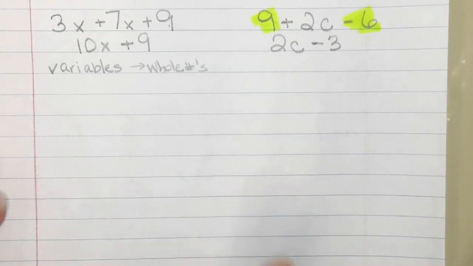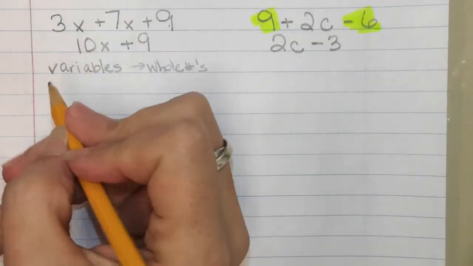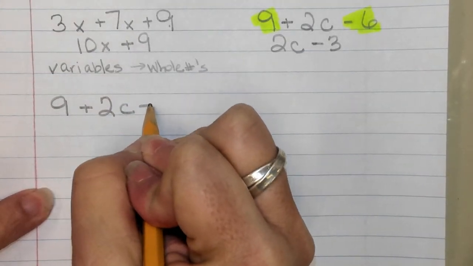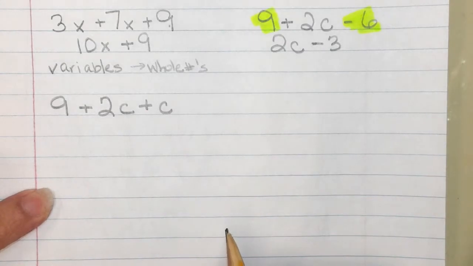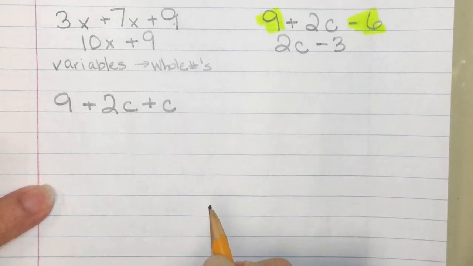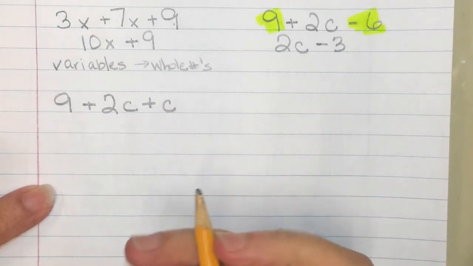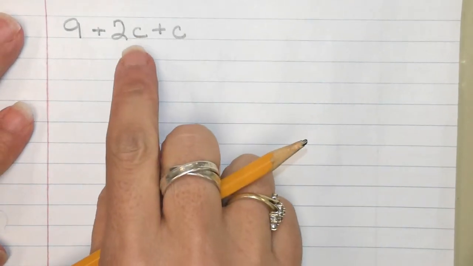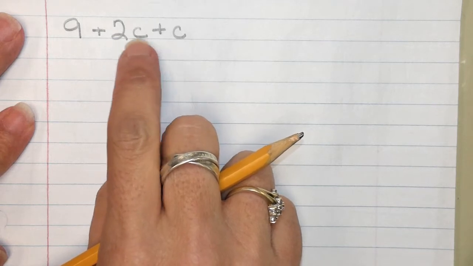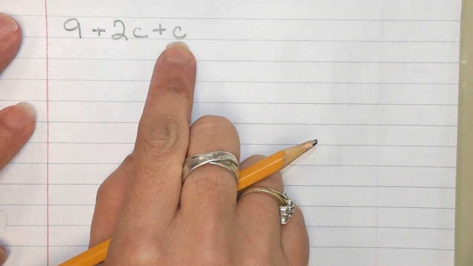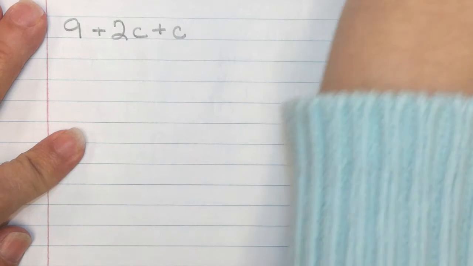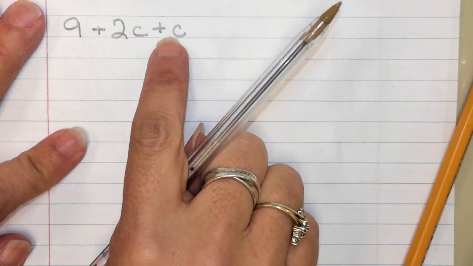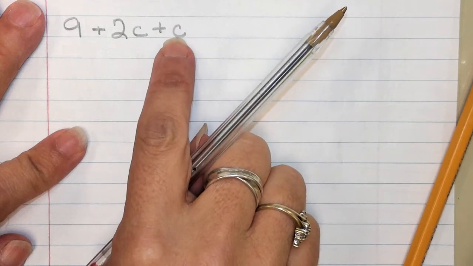So, okay, let's say we have this one. 9 plus 2c plus c. Now think about it. I need variables first. So let's look at these c's. What is 2c plus c? 3c. Now, let me explain. Remember, it's almost like there's an imaginary 1 in front of any variable that doesn't have a number.